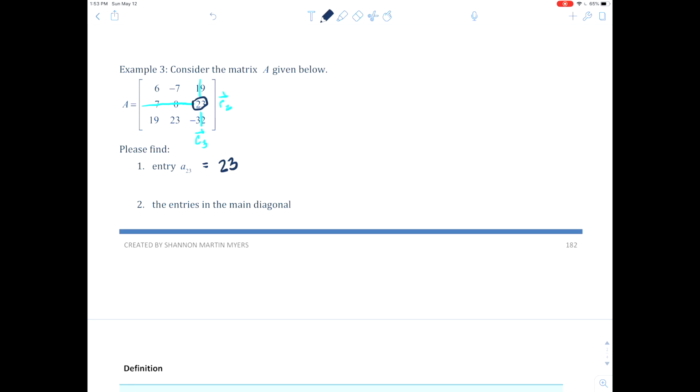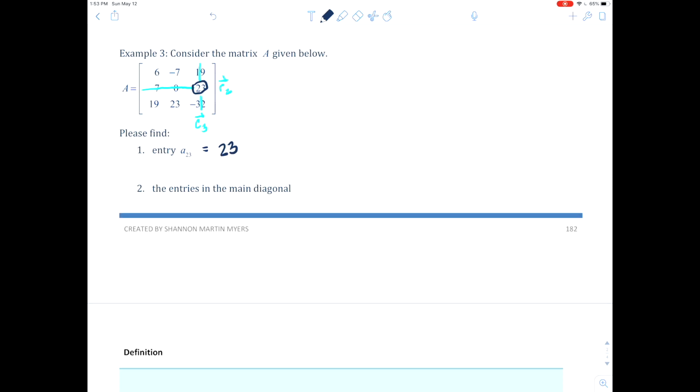And so it's this way because 23 is the entry in the second row and third column of A, okay?